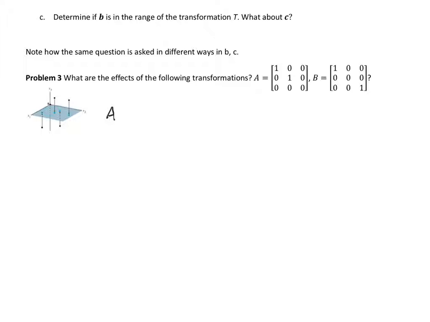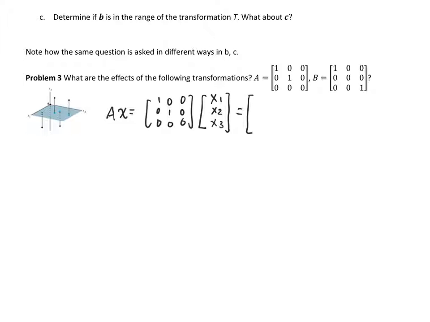A times x. Okay, let's do a quick algebra. The next row is actually 0, 1, 0. And the very last one is 0, 0, 0, times x. It has to be 3 by 1. So let's say x1, x2, x3, arbitrary x. And then do the algebra.